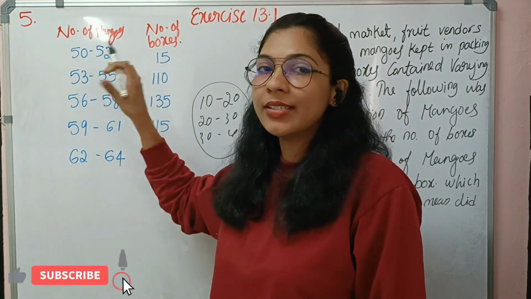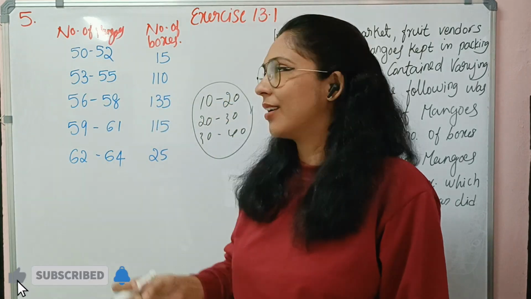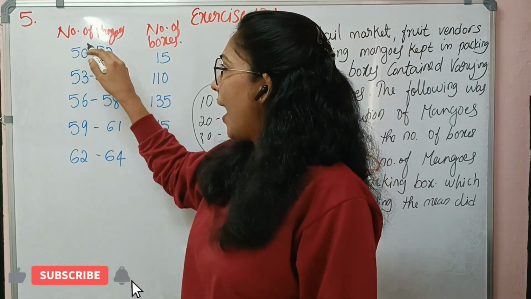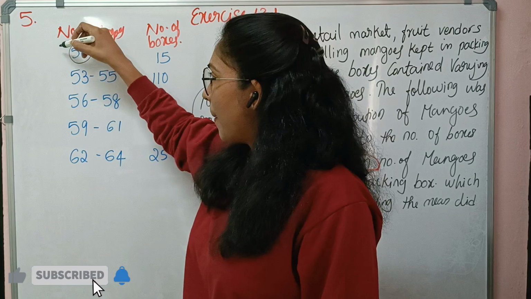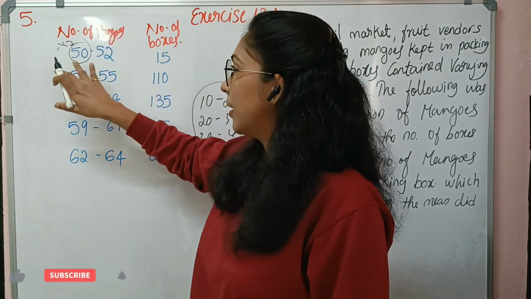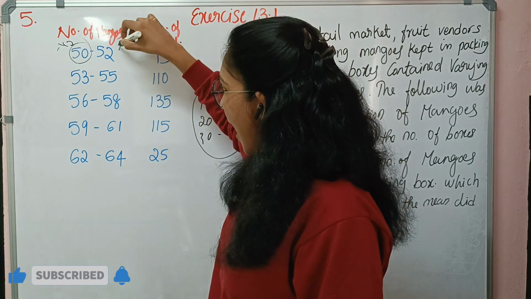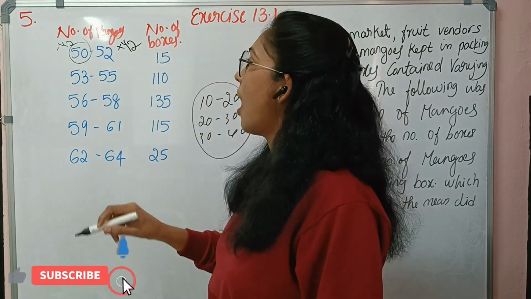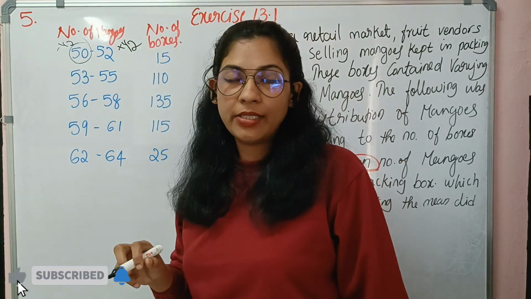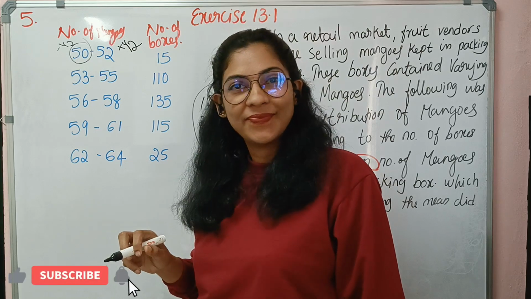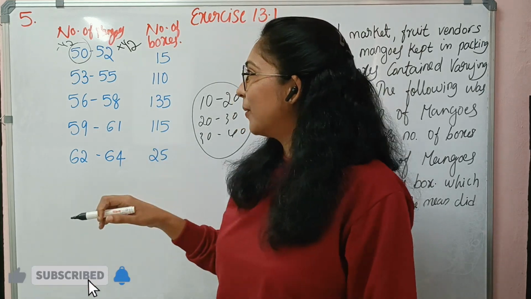For solving such questions, we use another method, a simple technique, that is subtracting half from the lower limit and adding half to the upper limit. Confused? No problem.